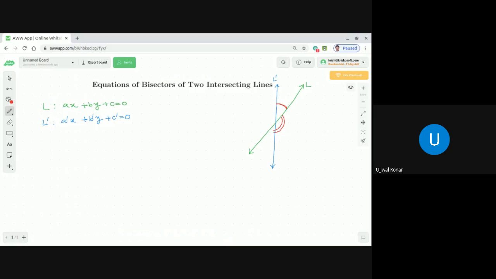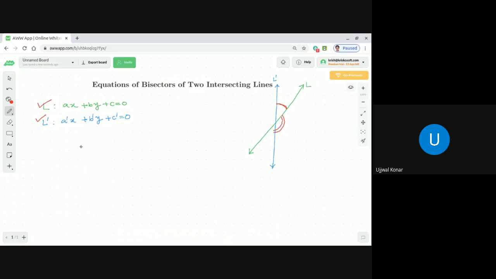Two straight line equations are given, L and L dash. The equation of L is ax plus by plus c equal to 0, and the equation of L dash is a dash x plus b dash y plus c dash equal to 0. And what is our task? Our task is to find the equations of the bisectors.